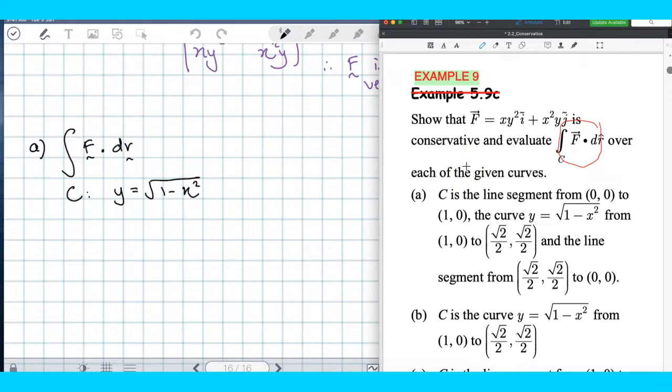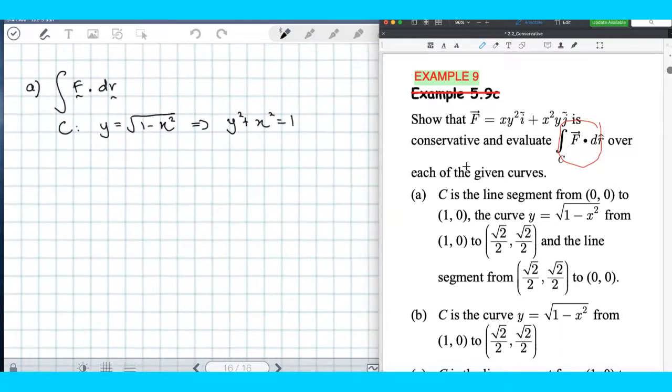Okay, so then we should know what the curve looks like for this particular equation, and then we need to rearrange. So y squared plus x squared equal to 1, so it looks like a circle, but your y is always positive. Circle with radius 1 on the x-y plane.